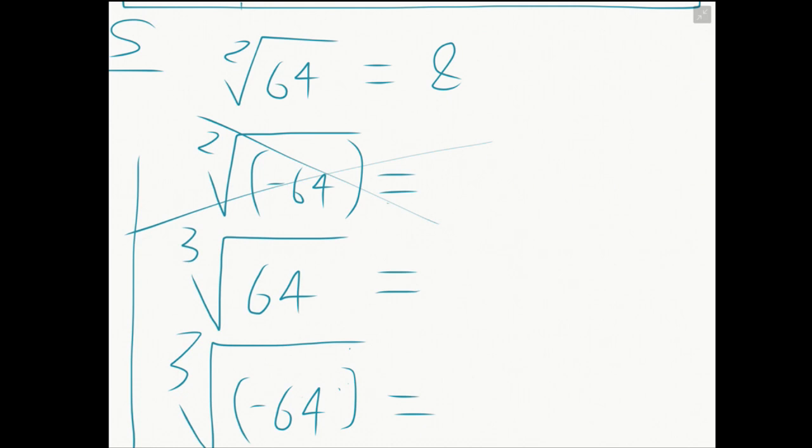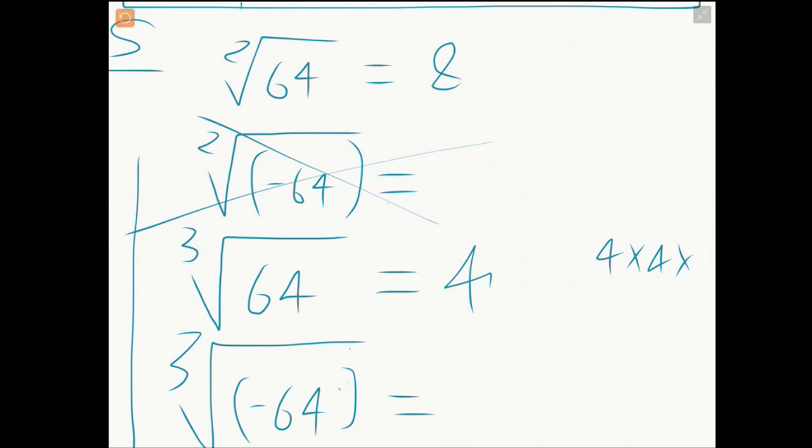So what about cube roots? This is interesting, and they will make you prove a very similar thing on the test. Cube root of 64 is 4. That you can do on your calculator if you don't know it. Why? Since 4 times 4 times 4 is equivalent to 64. That's quite simply why it works.